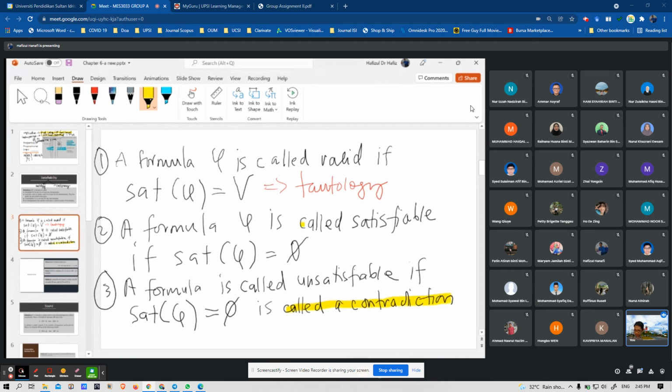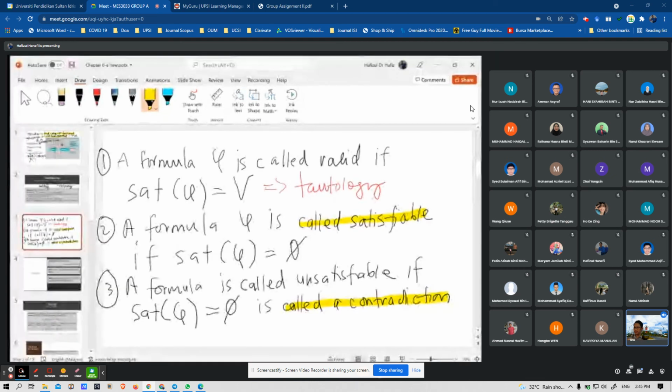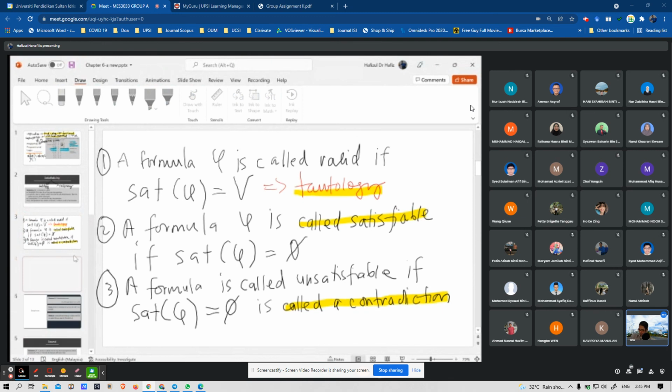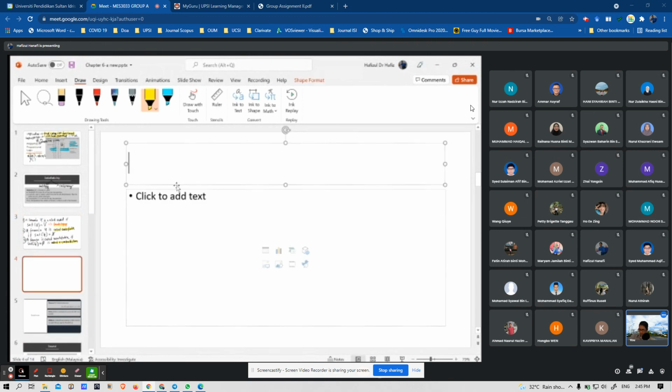Mu is called satisfiable if this one mu is not the empty set, and then it's called valid if and only if you have mu for the disjunctive. It's called a tautology.